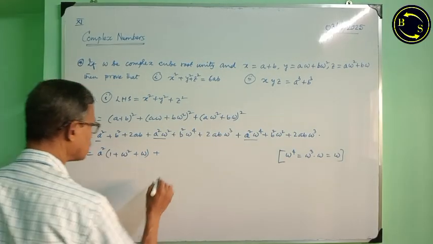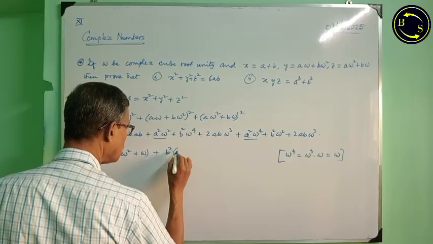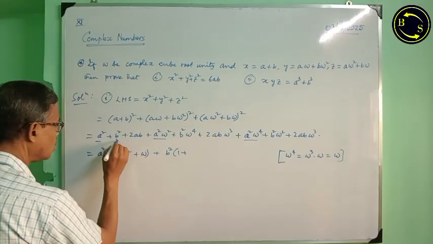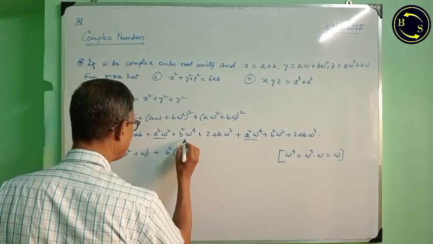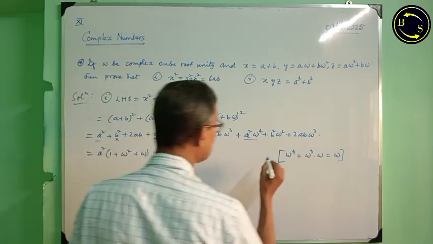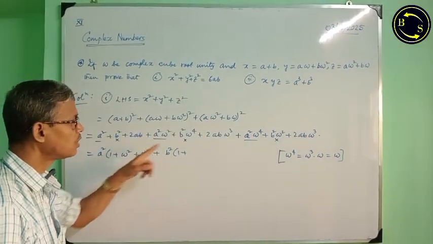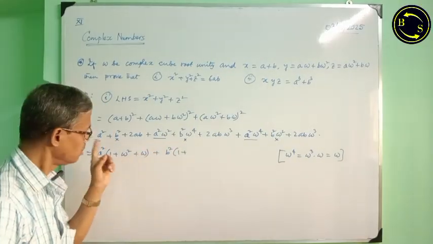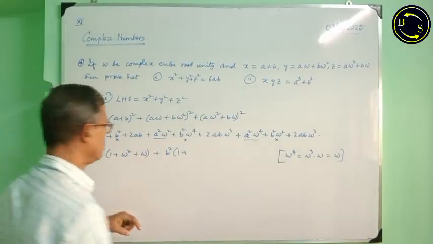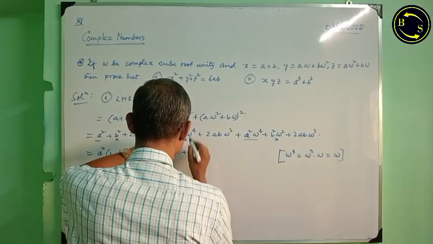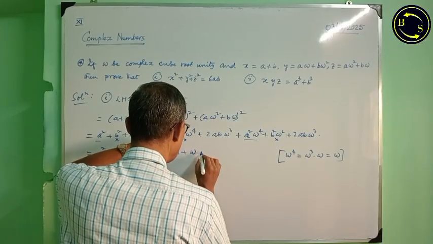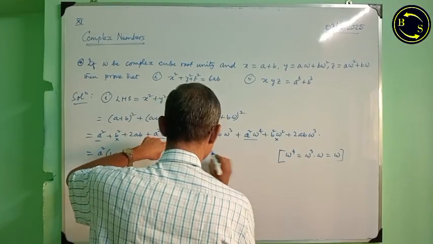Then b square terms, b square 1 plus. I like to use these symbols; similar terms have been marked by the same symbol. Then this omega to the power 4 means omega plus omega square.